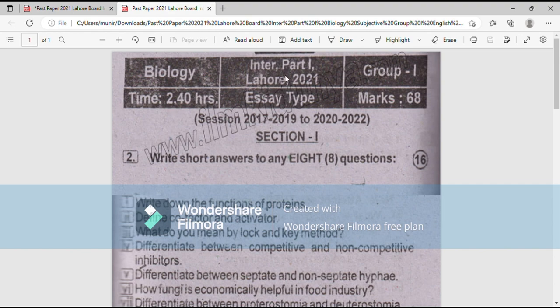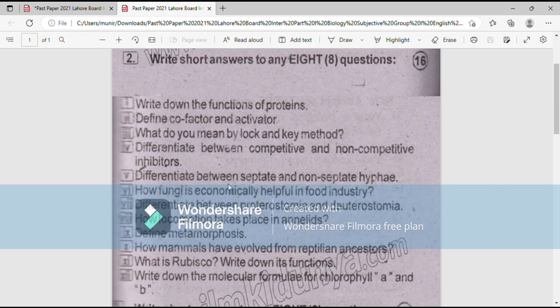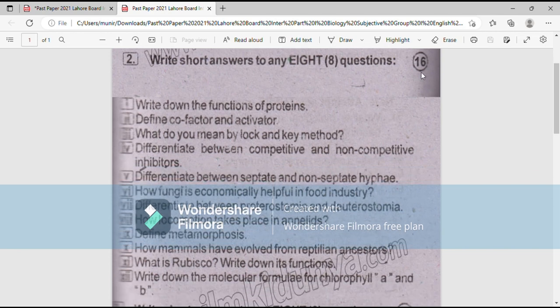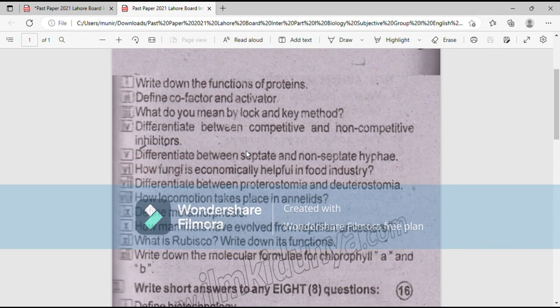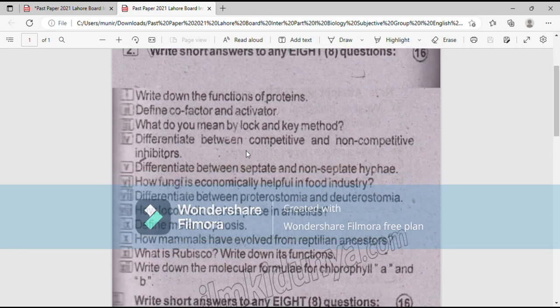The question number 2 will be for 16 marks, and these are the total questions. You have to attempt 8 questions out of these total 12. You can also take a screenshot of it.